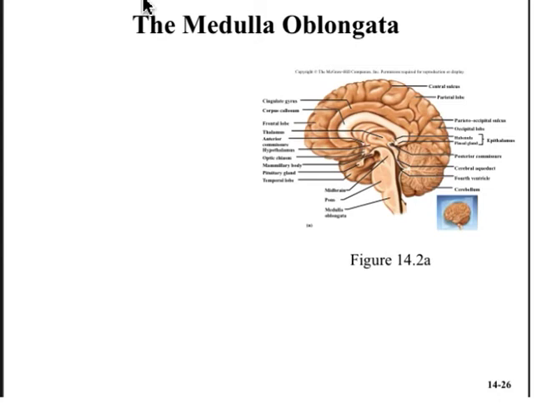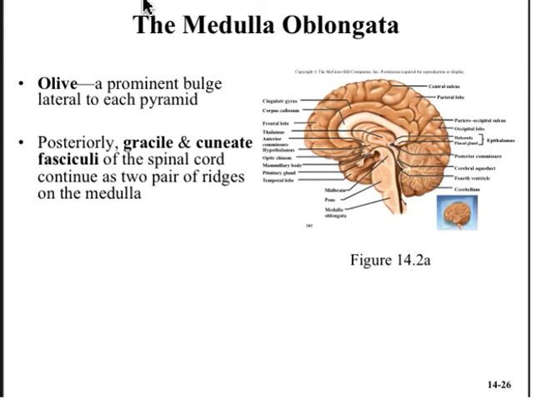Let's point out some of the structural landmarks in the medulla. The olives are a prominent bulge that are lateral to each pyramid. Posteriorly, the medulla oblongata holds the tracks of the gracile and cuneate fasciculae of the spinal cord, which continue as a couple of ridges on the posterior side of the medulla.